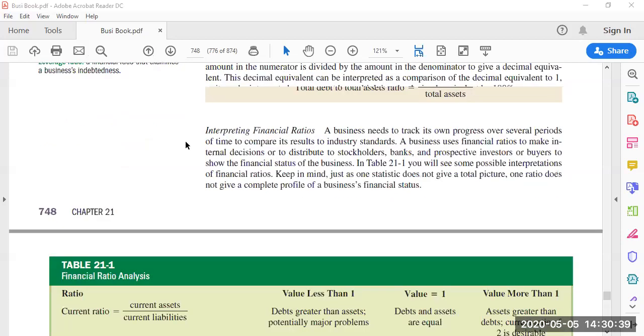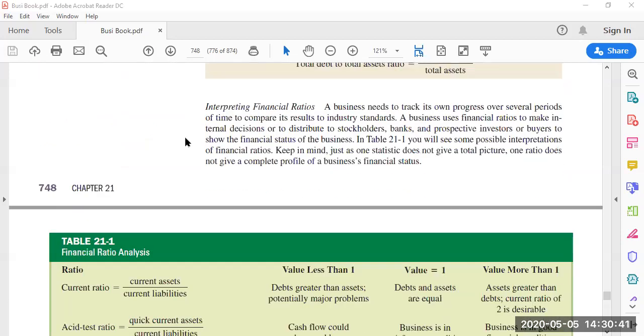Interpreting financial ratios. A business has to track its own progress over periods of time. Trends are also used so a company can see how well it is doing over time, to know its healthiness. It also gives a company the ability to see how well it is competing with its competitors by using these particular financial ratios.